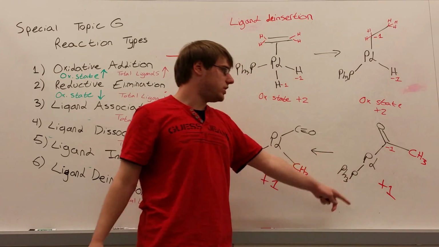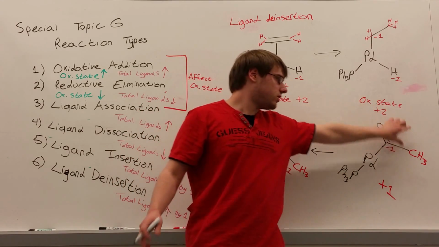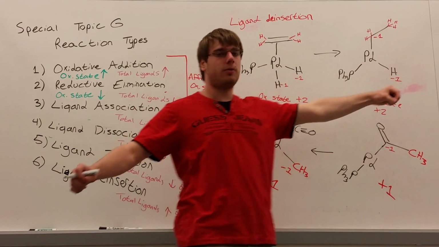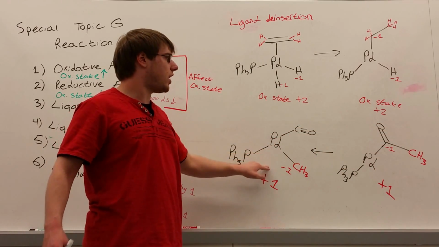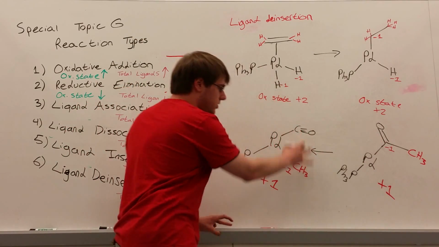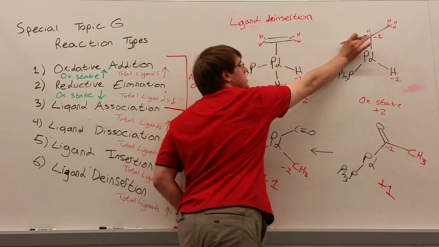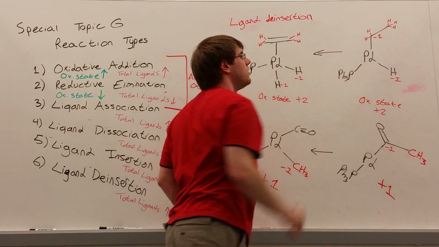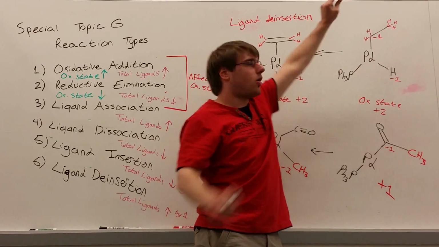So if you ever see a carbon double bond oxygen and a CH3, and you split that apart, and you go from this to this, well, that must be ligand deinsertion, because what I did was I took 1 ligand and split it into 2 separate ligands, but the oxidation state stayed the same. And again, in ligand deinsertion, I took 1 ligand and split it apart into 2.